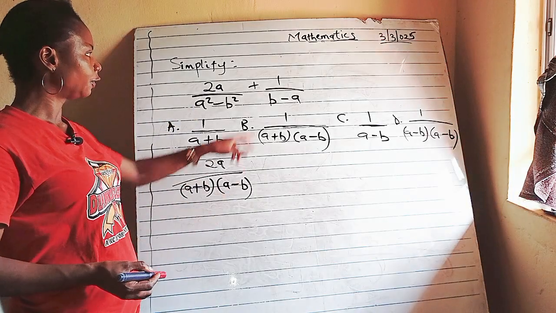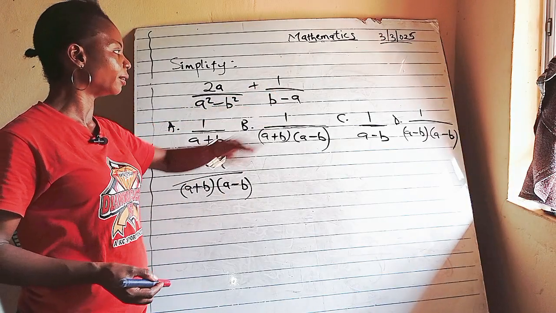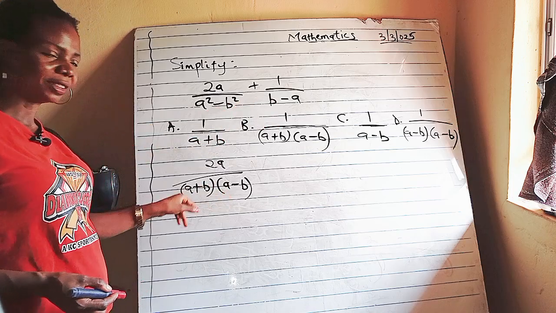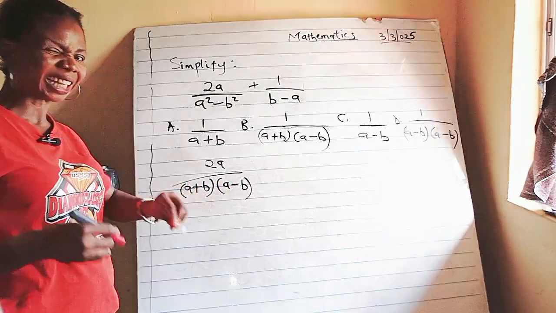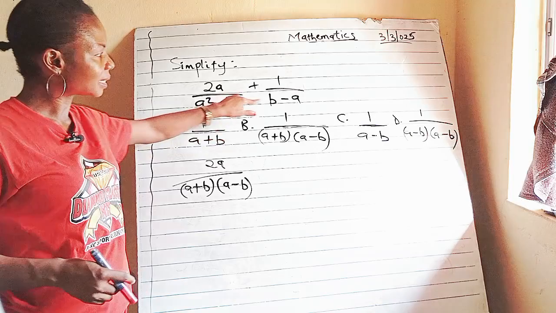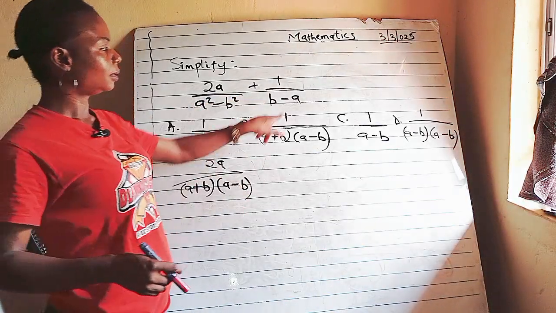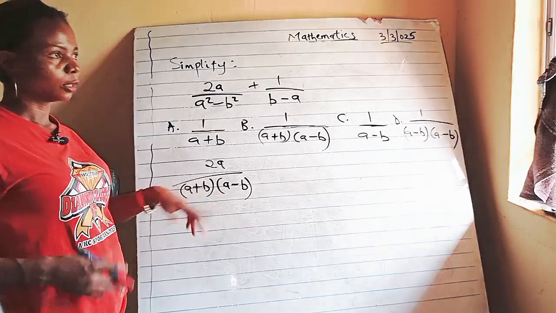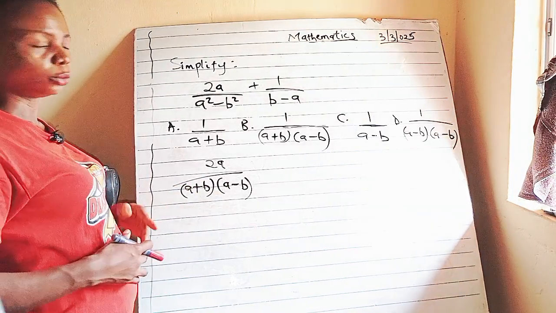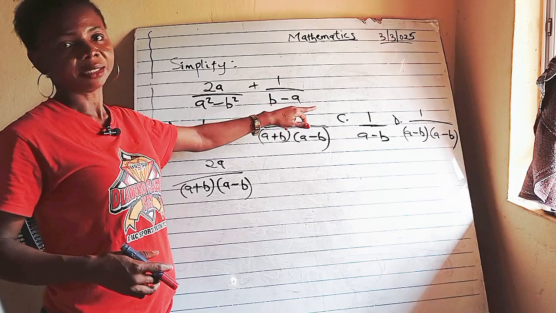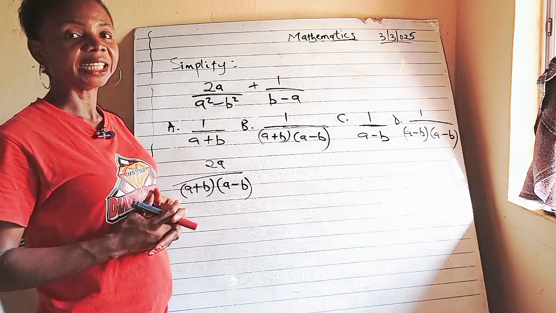Now look at 1 over b minus a. b minus a is similar to a minus b, but they are not the same, because their signs are different. This is plus b, whereas this is minus b. This is minus a, whereas this is plus a. So for us to make it similar, we multiply this fraction, plus 1 over b minus a, by a negative sign.